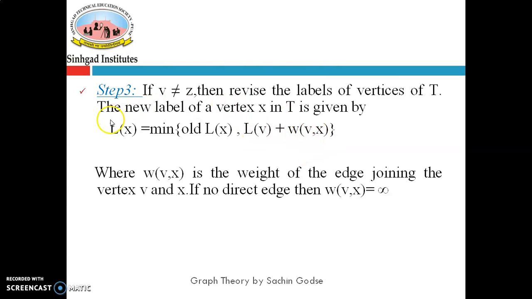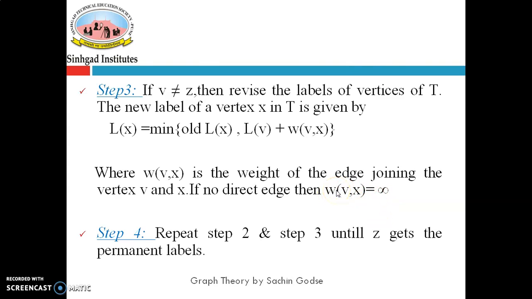That is the formula for giving the new label to the vertices which exist in the set T, where W(V, X) is the weight of the edge joining the vertex V and X. If there is no direct edge, then the weight from V to X will be infinity. Step 4: repeat step 2 and step 3 until Z gets the permanent label.